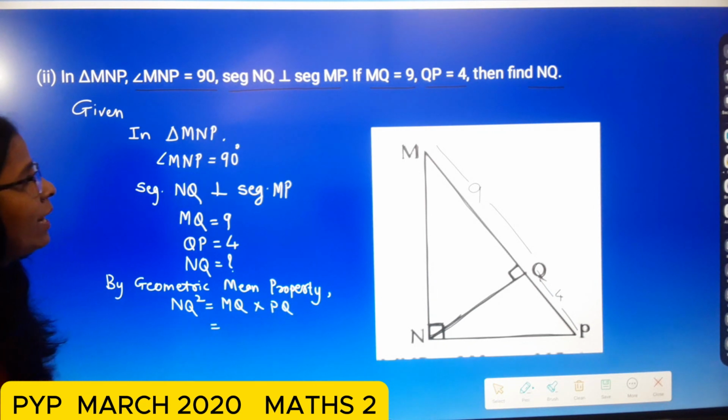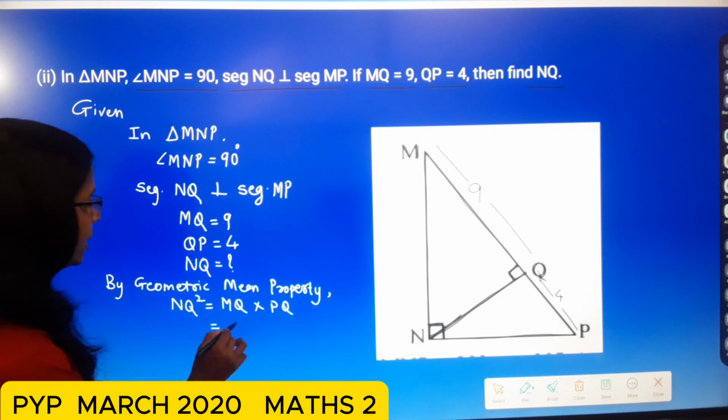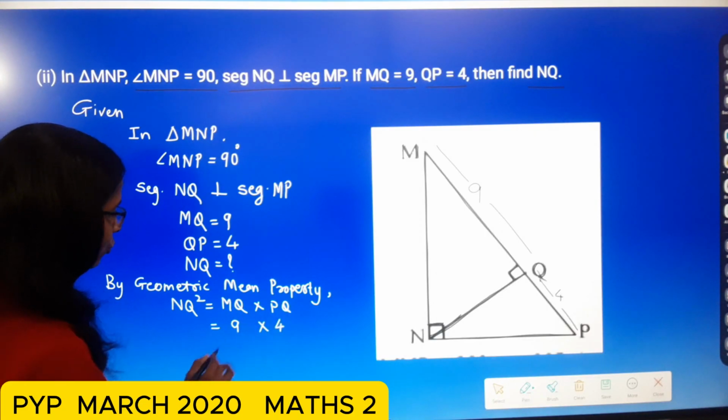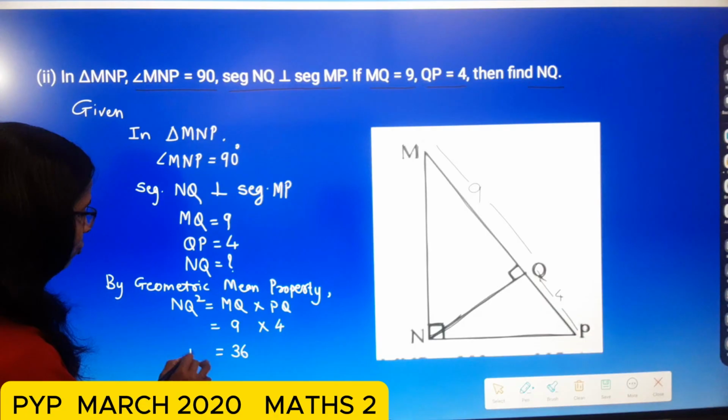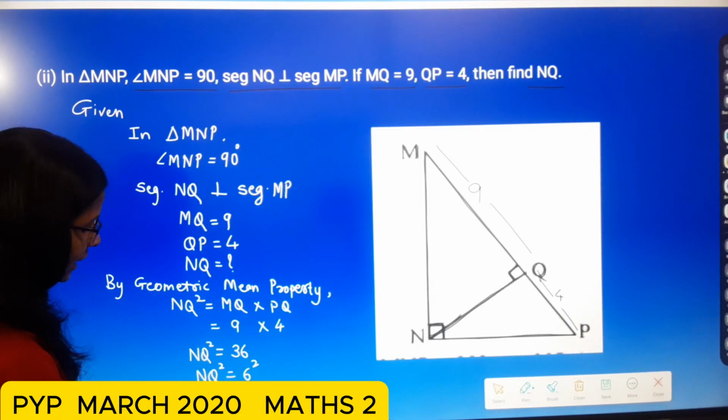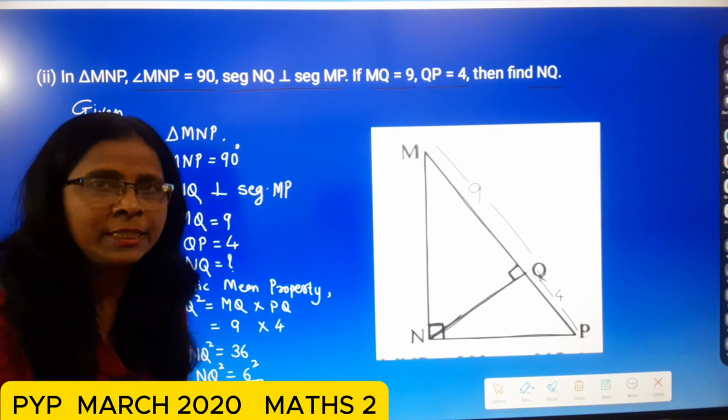Now the substitution of values, that is 9 multiplied by 4. So 9 fours are 36, so NQ square is equal to 36. So NQ square is equal to square of 6. Now squaring on both the sides, NQ is equal to 6. Okay, students? Therefore, NQ is equal to 6.